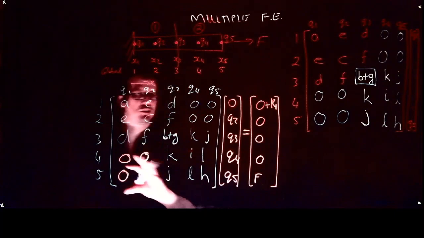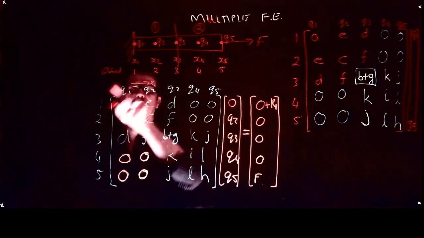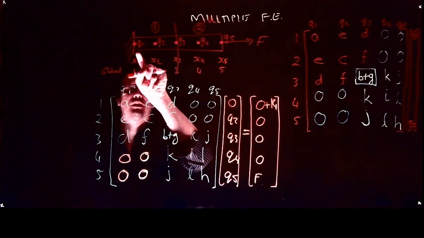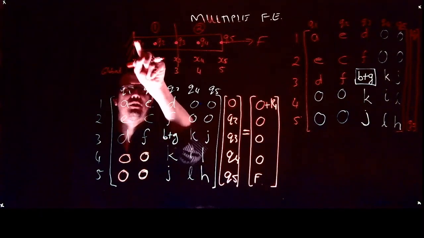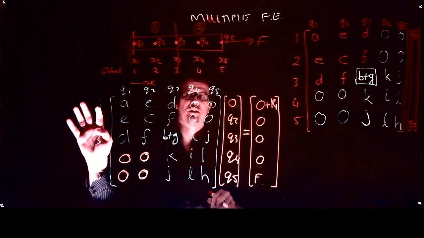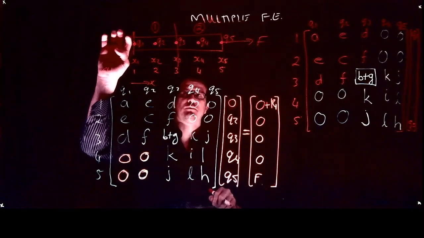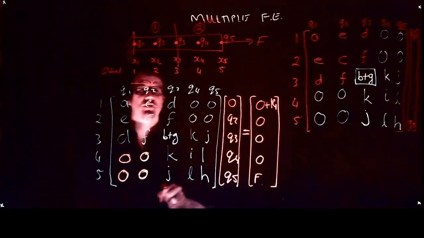Let's start by saying that in this example, the force balance at Q1, at node 1, is essentially a force balance at a prescribed displacement.